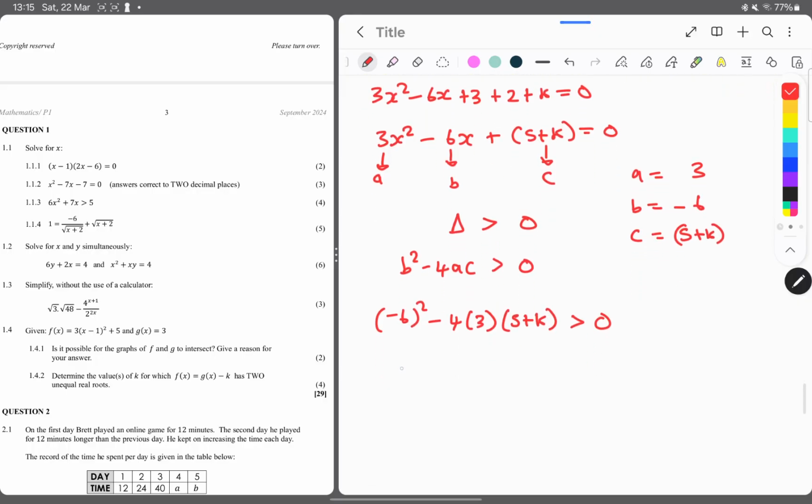We're solving for k. 6 squared is equal to what? 6 plus 6, 12, plus 12, it's 24.